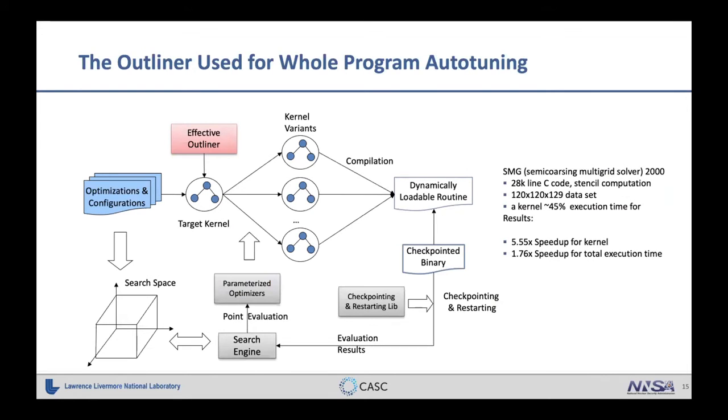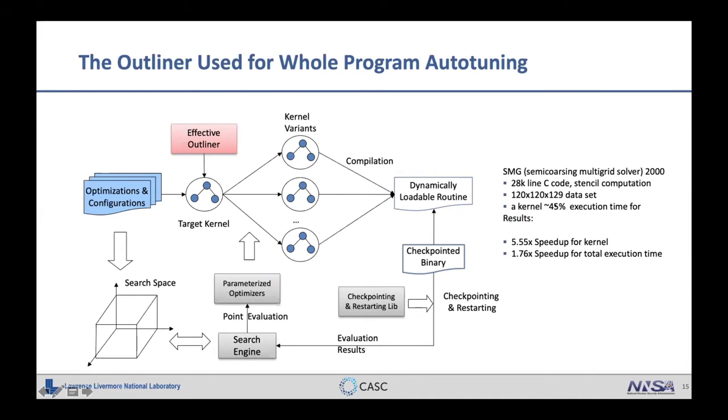In the end, we of course have many application scenarios for source-to-source outlining, but I want to mention this typical use case of the outliner to enable whole program auto-tuning. In many cases, you have a long-lasting execution of some HPC application.